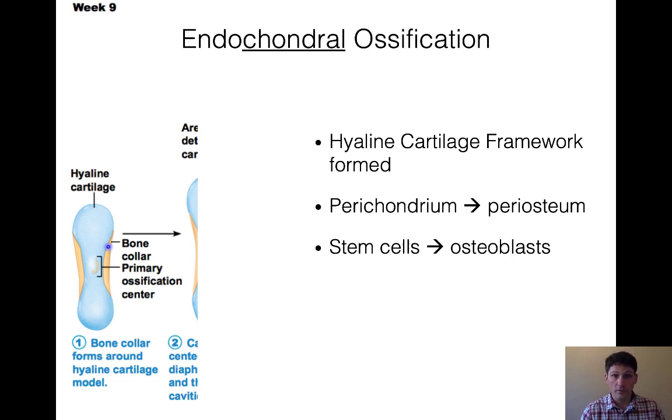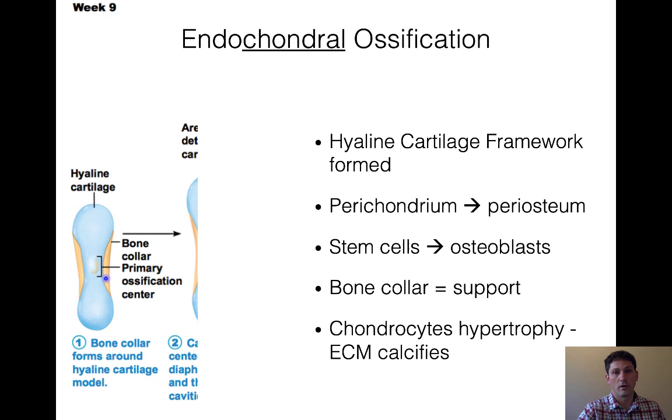Our stem cells are becoming our osteoblasts, and those osteoblasts are putting down that bone to support our development. What's happening then is those chondrocytes within the cartilage start to hypertrophy, and our extracellular matrix starts to calcify. Okay, and so again, bringing in some of our previous terminology, they're getting larger in size.